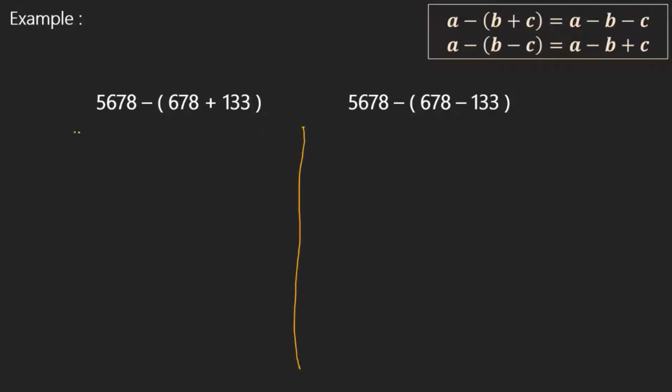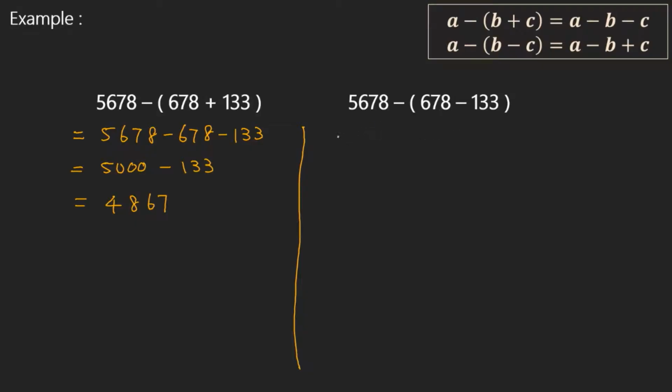So this becomes 5,678. Removing the parentheses gives us minus 678 minus 133. So the sign of each term inside the parentheses is reversed. This becomes 5,000 minus 133, which gives us 4,867.